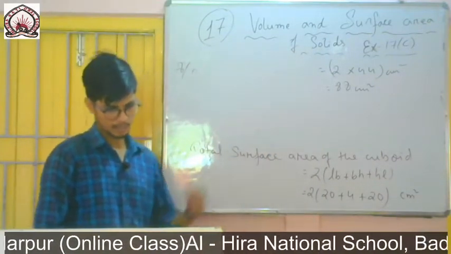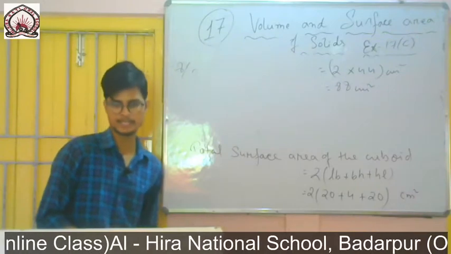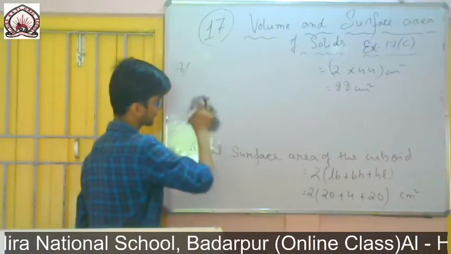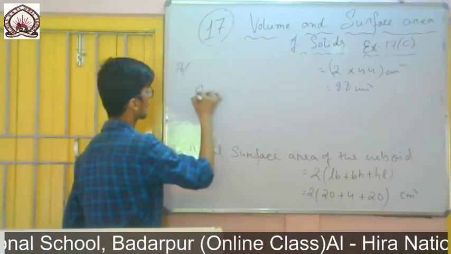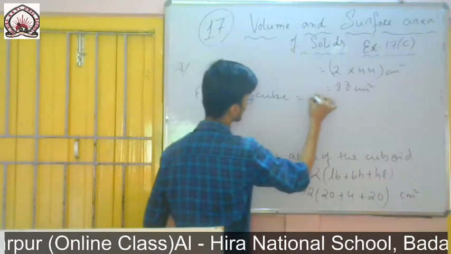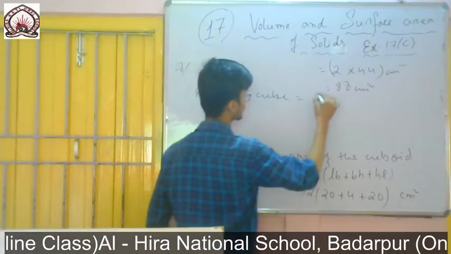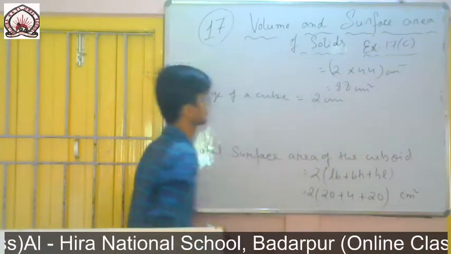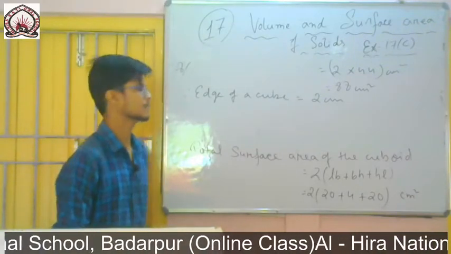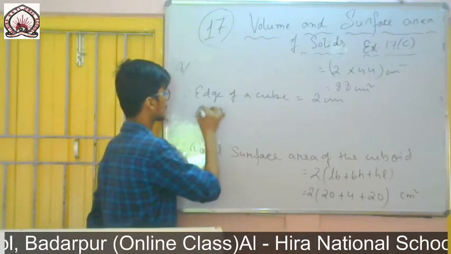Now for the next one, you see the edge of a cube is given 2 centimeter. First of all I will find the total surface area of the cube.